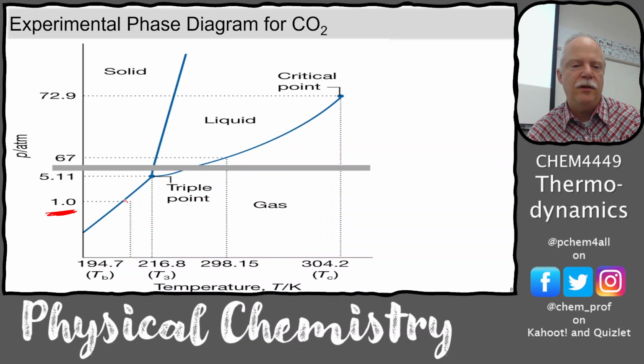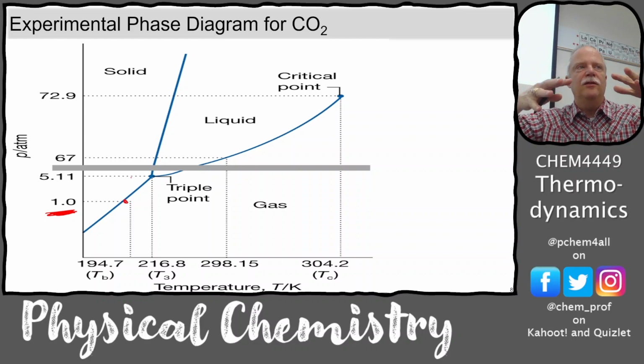If you were to have dry ice in a container, maybe in a balloon where the pressure could stay at 1 atmosphere, so it's expanding and you've got the solid and the vapor in equilibrium, the temperature of that dry ice would be 194.7 Kelvin. So 195 Kelvin, really cold.